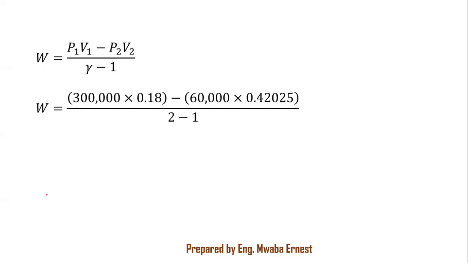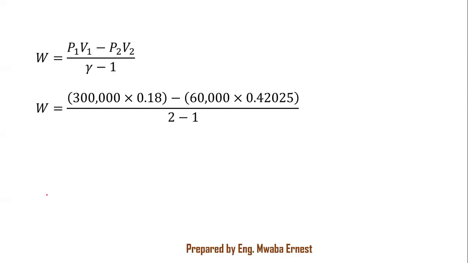Now we are ready. Work done is P1 V1 minus P2 V2 divided by gamma minus 1 for an adiabatic process. And then you can now just substitute. In fact, this is more of a polytropic process. So our P1 is basically 300,000 times volume 1 is 0.18 minus pressure 2 was 60,000 times volume 2 was 0.42025.